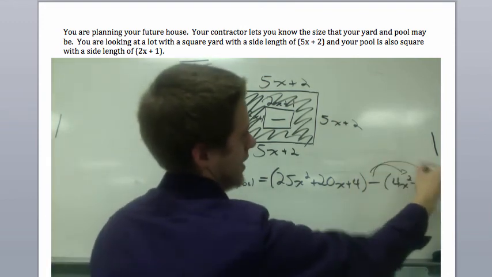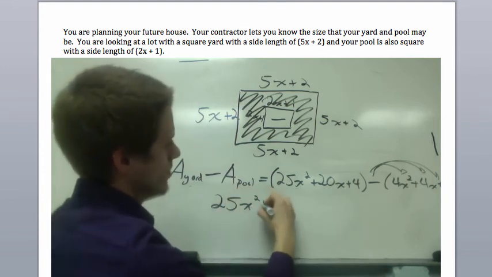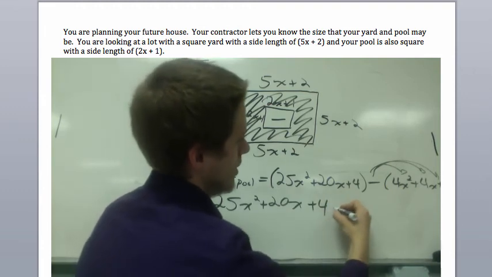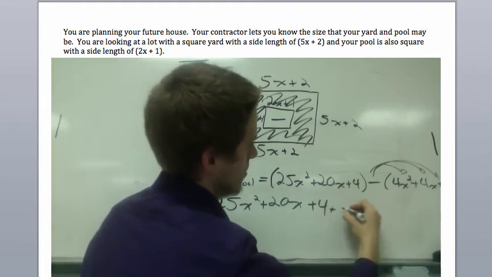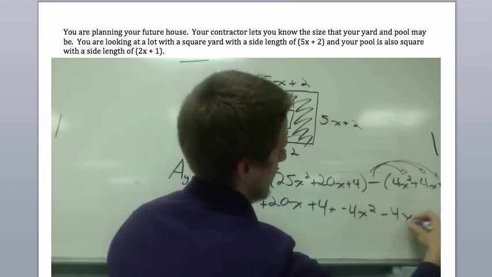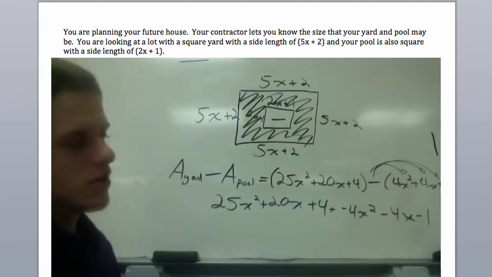I'm going to distribute that negative sign. 25x squared plus 20x plus 4, and then plus a negative 4x squared minus 4x minus 1. That's after the distribution of that negative sign.